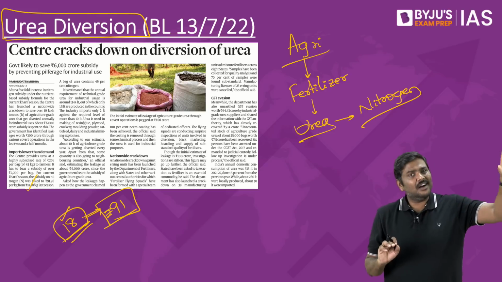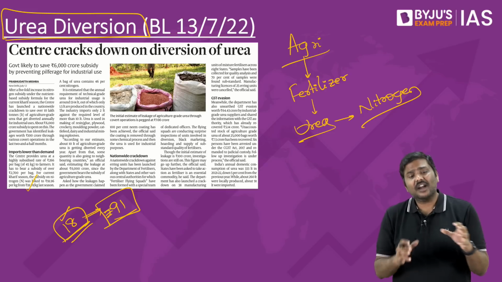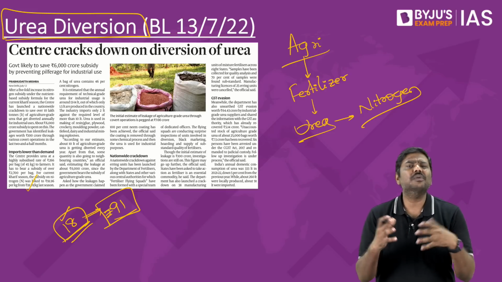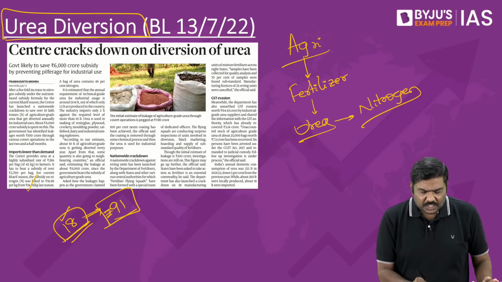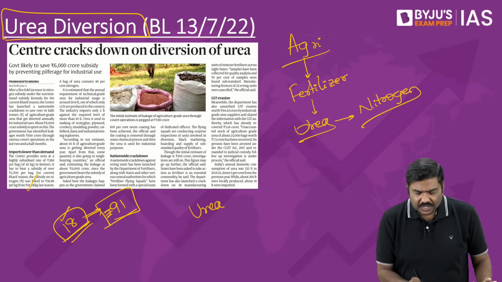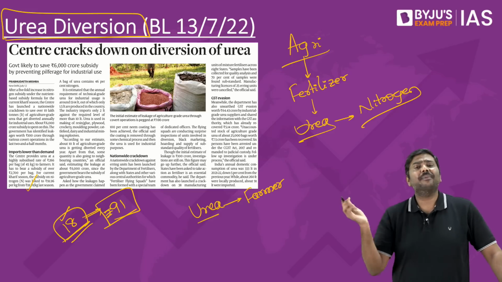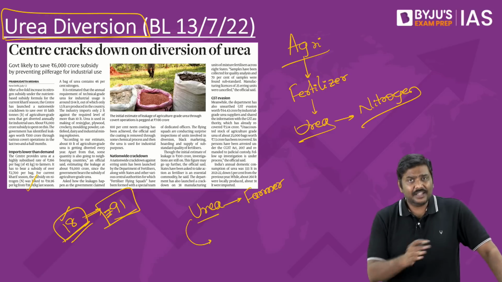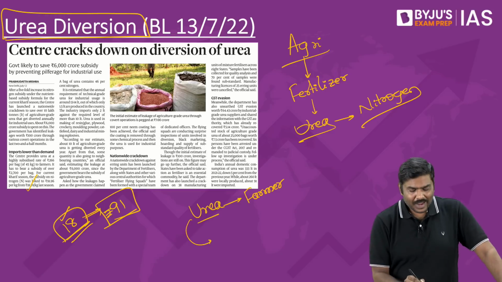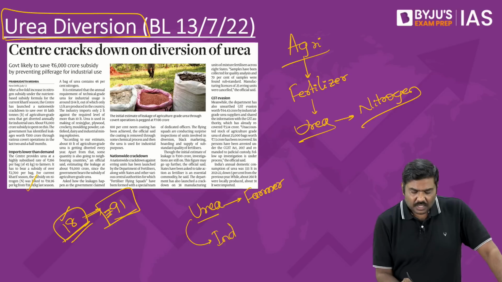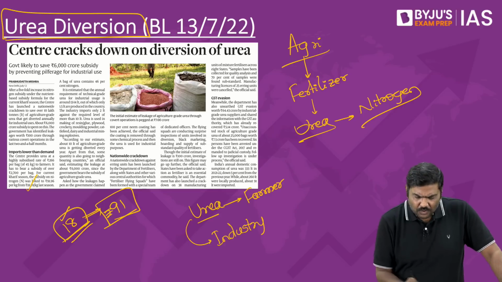Now, just like earlier, there were certain concerns regarding diversion of urea. What do you mean by diversion? I want this particular urea, which is subsidized, to be supplied to the farmer. But rather than reaching the farmer, it might so happen that this urea will be diverted, sold to an industry. Sir, will the industry use it? Of course, yes.